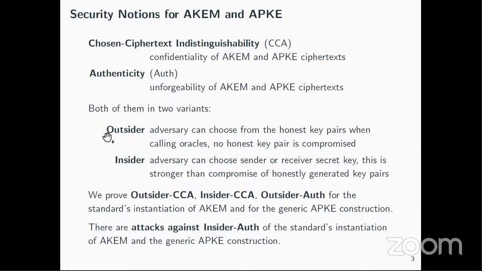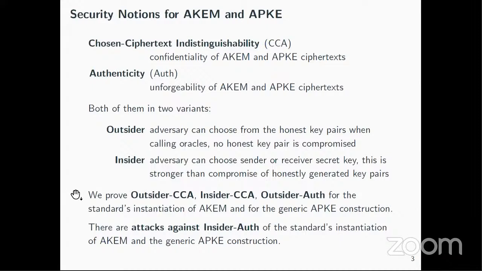First, the outsider setting, where an adversary can choose from the honest key pairs when calling oracles, and no honest key pair is compromised. And then the insider setting, where the adversary is allowed to choose sender or receiver secret keys. And this is a stronger notion than if we would only allow to compromise honestly generated key pairs.